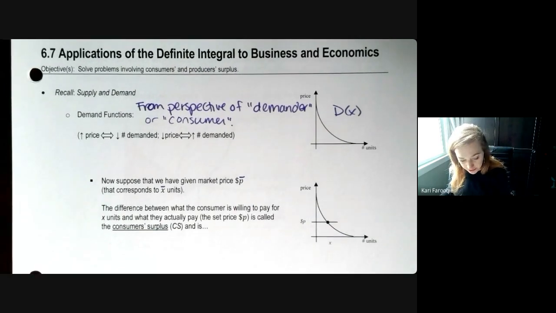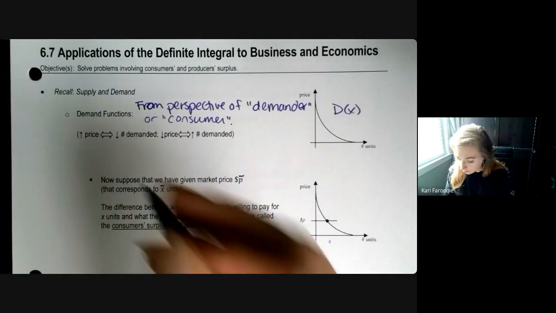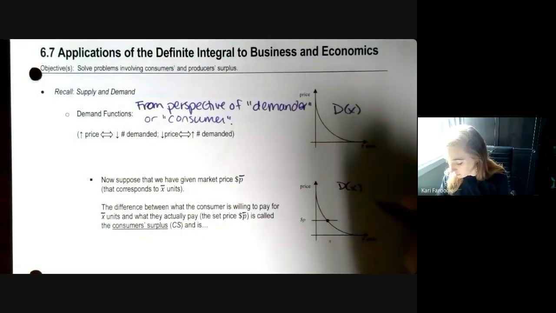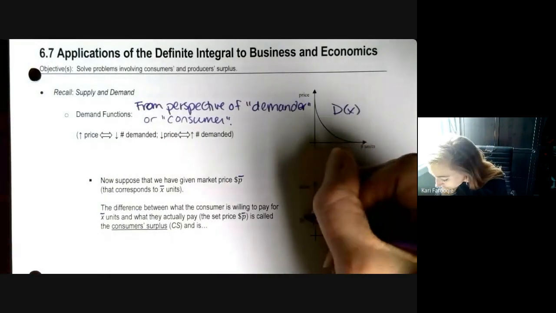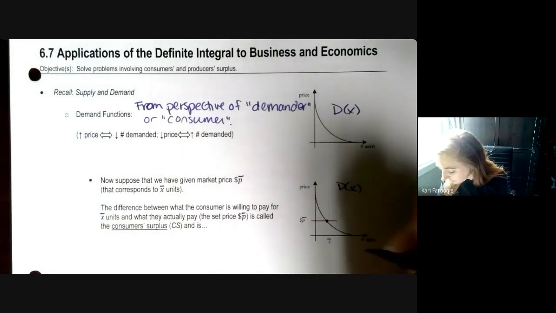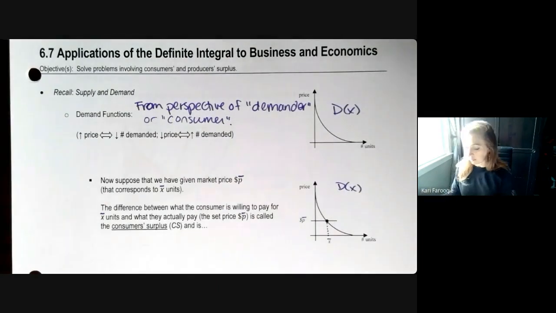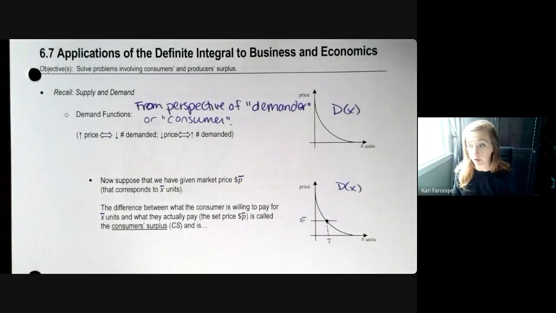Okay, now the difference between what the consumer is willing to pay for X bar units and what they actually pay, the set price, P bar dollars, is called the consumer surplus. So basically, you're taking your demand equation, you're looking at this curve, and you've got some Y value, P bar, that's going to correspond to an X bar value, the number of units that corresponds to that set market price.